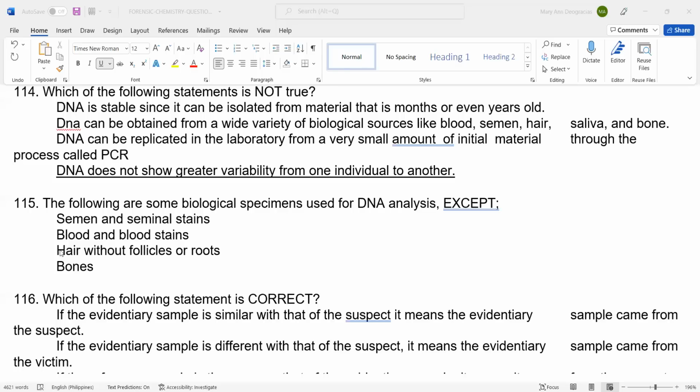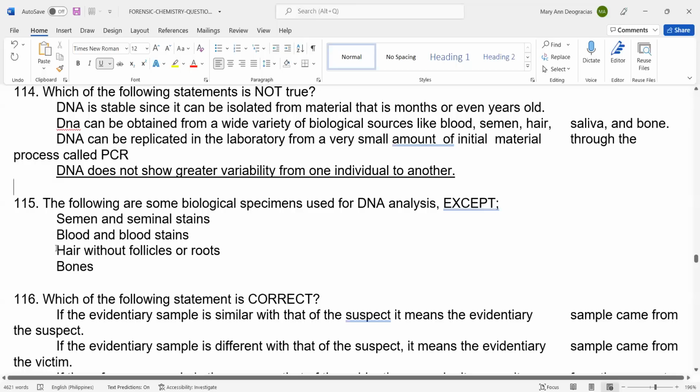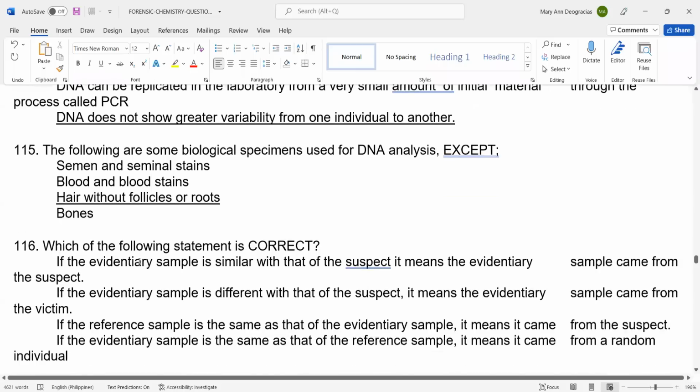Letter C. Kasi, you have to submit with roots. Pagka ginamit natin ang hair as samples for DNA analysis, kailangan may roots siya. Eh, nakalagay dito, hair without follicles or roots. So, ito yung mali dyan. Okay? Tingnan nyo maigi yung mga tanong.